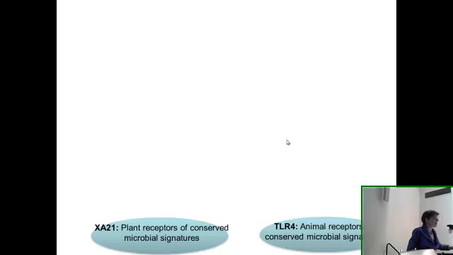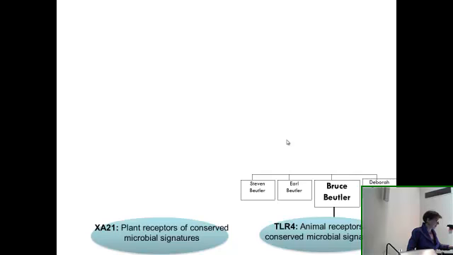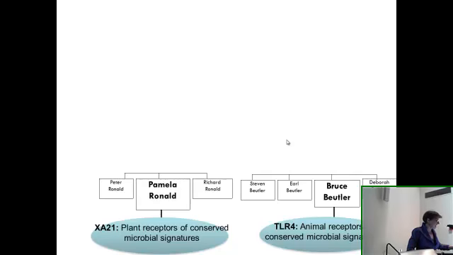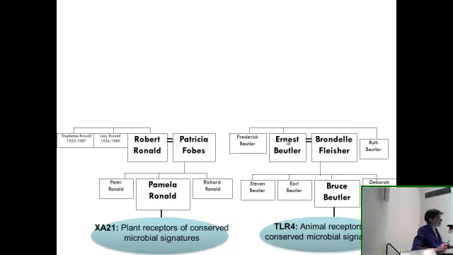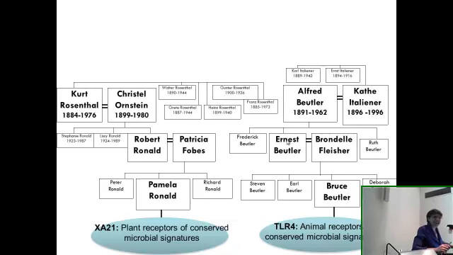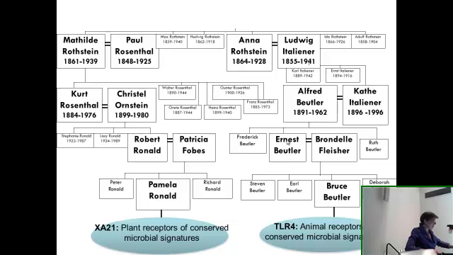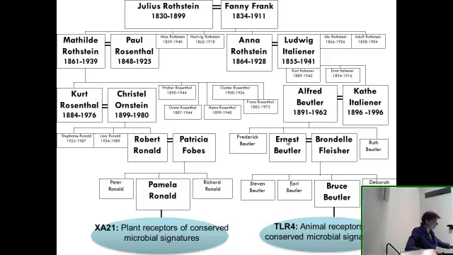And we're happy that we have identified the last common ancestors. And here they are, Julius Rothstein and Fanny Frank. And I'm very delighted that some in our lineage could be here today, and I thank my parents for making the drive and for being here and being so supportive of this work over the years.